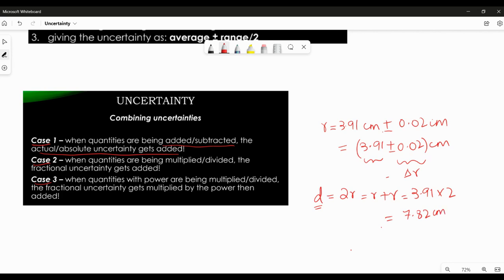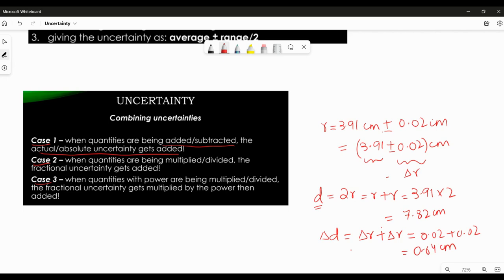What about the absolute uncertainty in diameter? That will be just a sum of the absolute uncertainty in the radius itself, which will be 0.02 plus 0.02, and hence it becomes 0.04 centimeter.